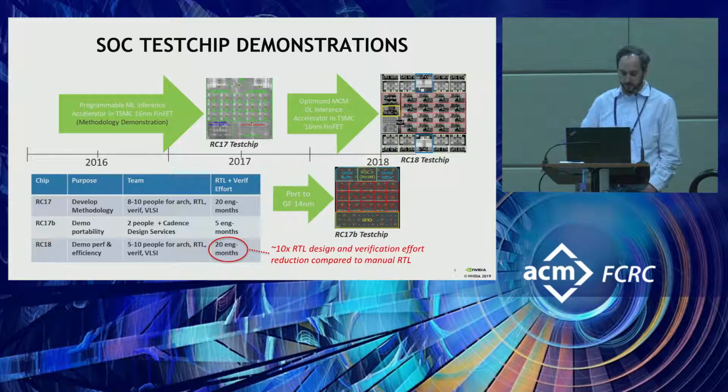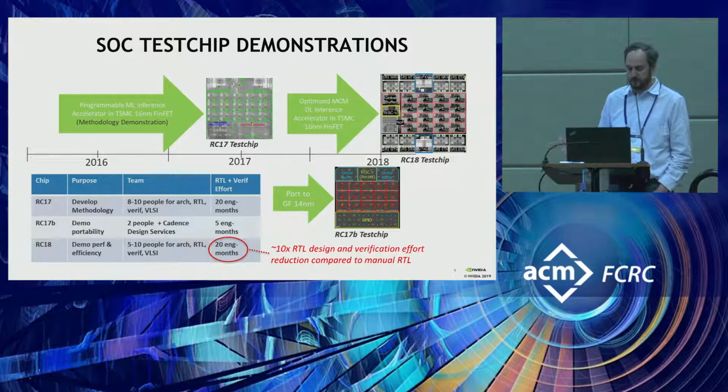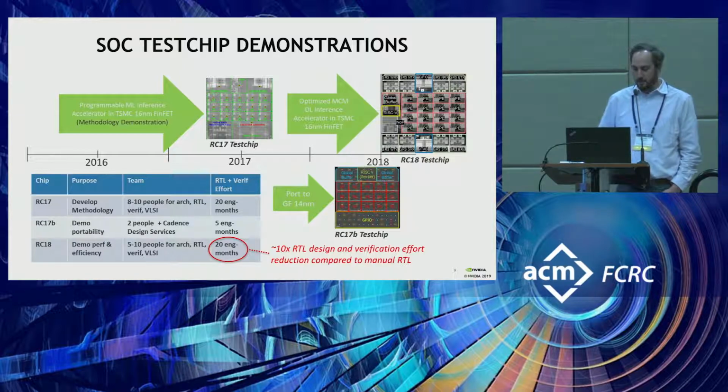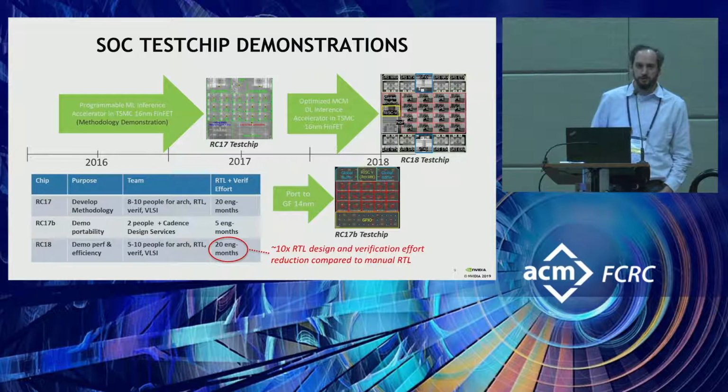And then the next one, which I'll spend a few slides talking about, is this. We said, okay, we've shown this is possible, but if I'm trying to convince product groups to leverage this, they're not going to believe the results until you show that you can build something without a performance, area or power degradation compared to a manual flow.